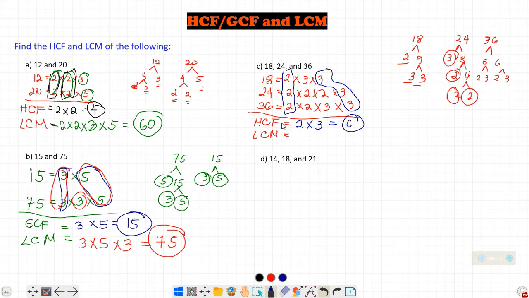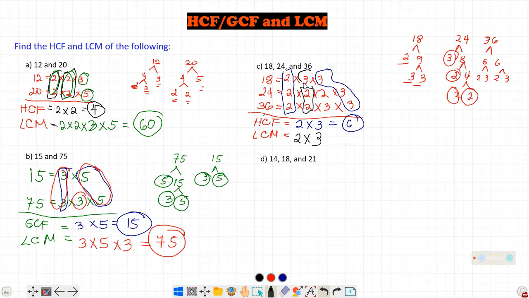So that's the HCF. Now, for the LCM, there's another way. First, we should write all the common factors, and those common are 2 times 3. We just rewrite the HCF. Next, if there are three numbers and at least two of them have the same factors, this is taken as 1 also.